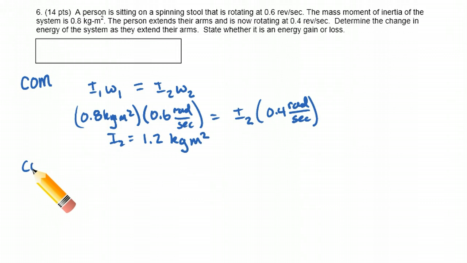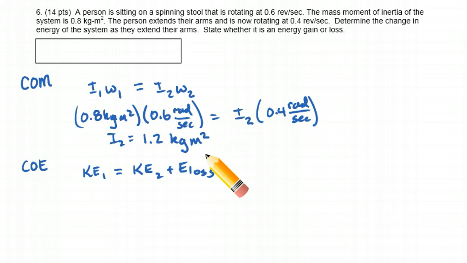Alright, so let's look at conservation of energy. We'll have some initial kinetic energy. Okay, the extension of the arms, if we're looking at the person, would actually be some energy added into the system, but we're going to consider that a mechanical energy lost by the system. So I'm going to write it like this, because that's really the only way we can work this problem.